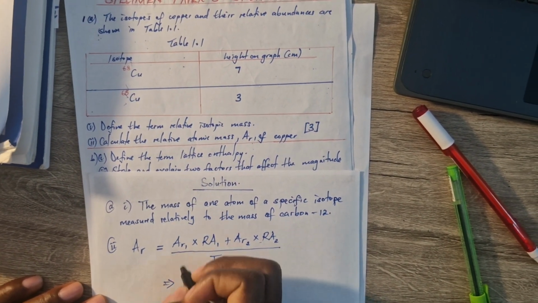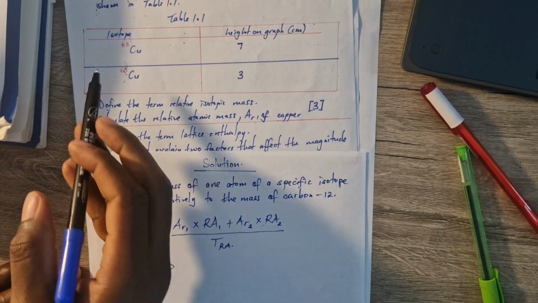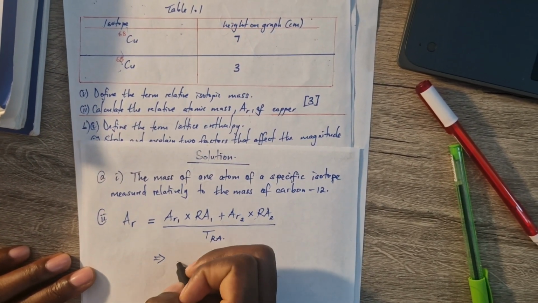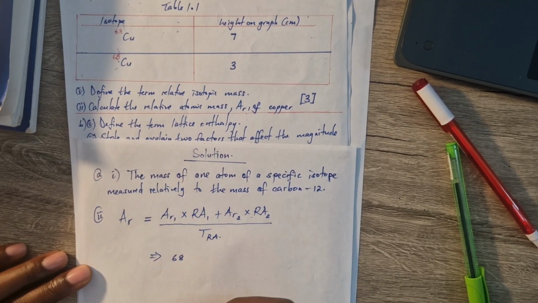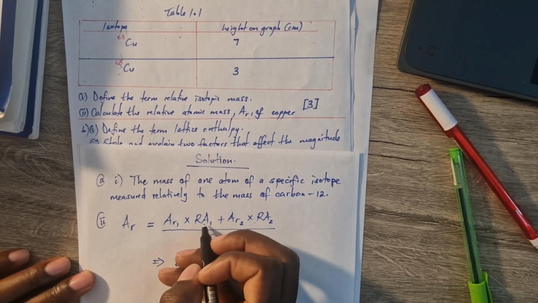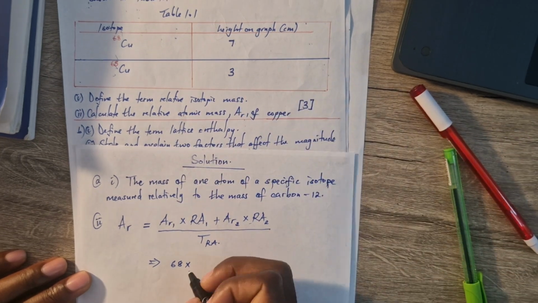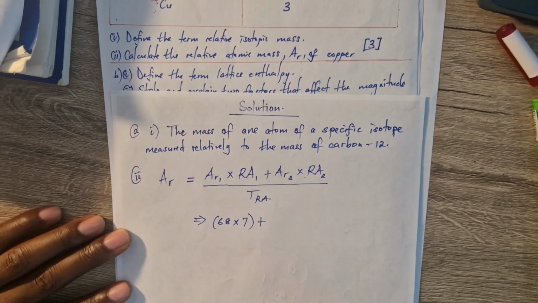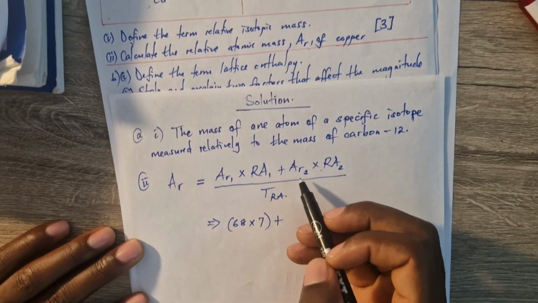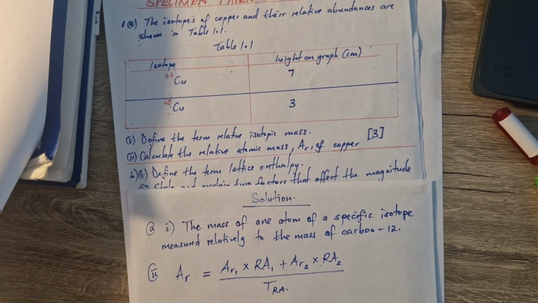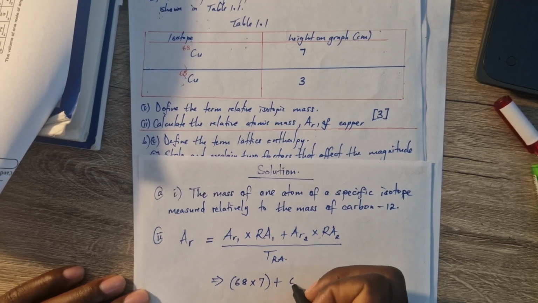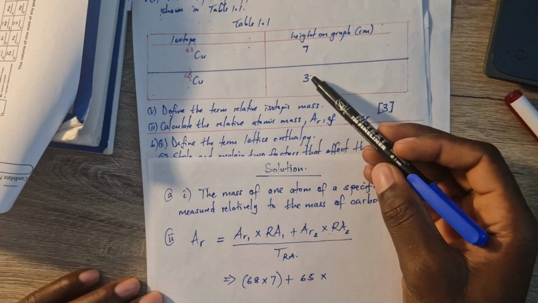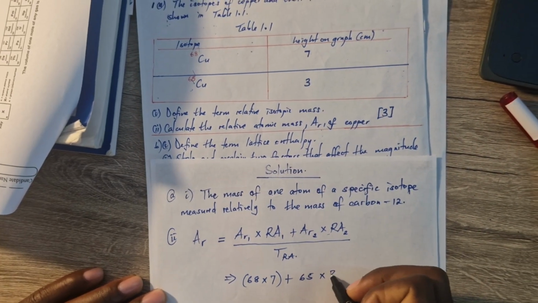So for copper 68, its relative isotopic mass is 68 multiplied by the relative abundance, which is 7, then plus the relative isotopic mass of the other isotope, copper 65, so I write 65 multiplied by the relative abundance given here, which is 3.